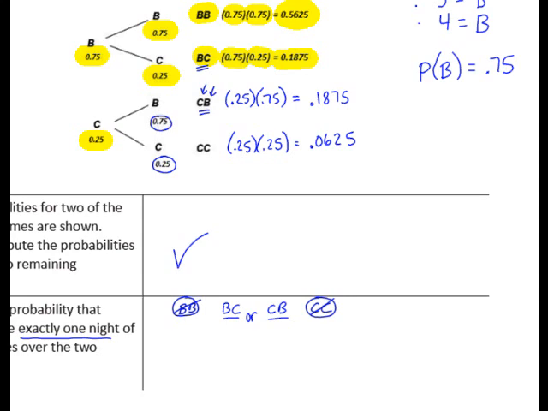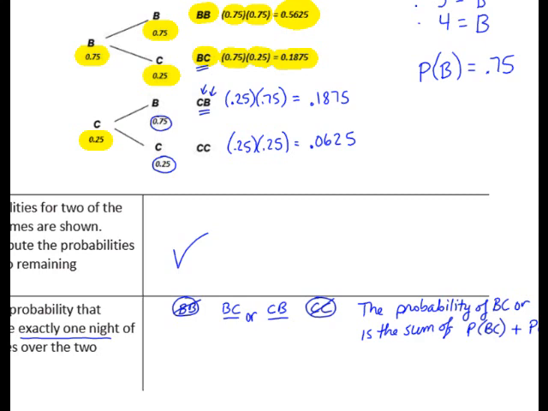The probability that one of them happens is the sum of the individual probabilities. Let's write that down. And this is from a previous lesson. The probability of BC or CB is the sum of the probability of BC added to the probability of CB.